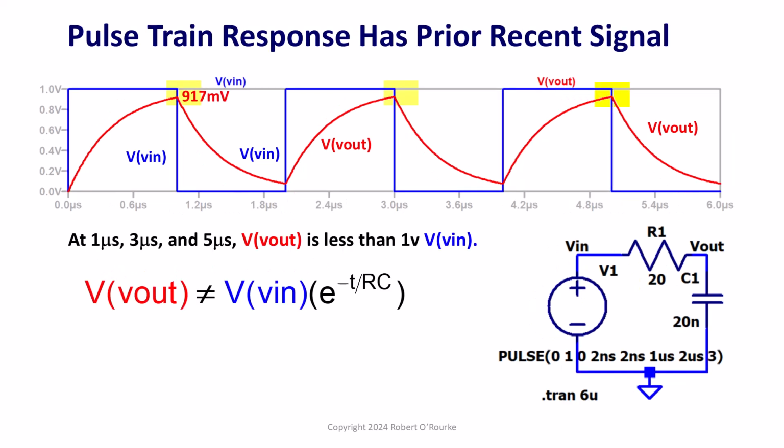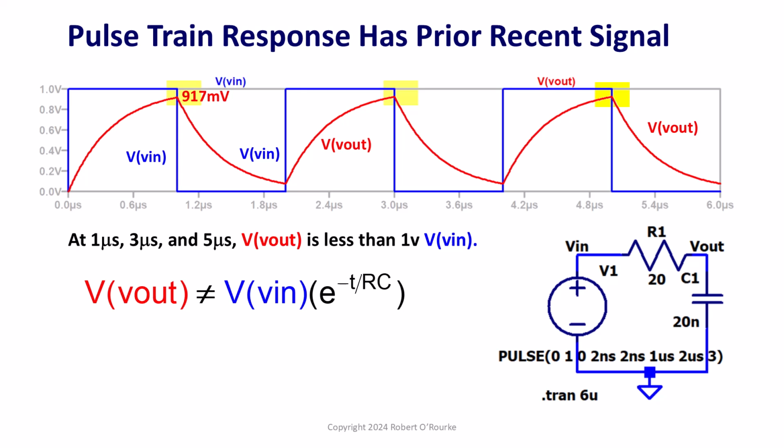With 20 nanofarads in this pulse train response example, the red output signal vout at 1, 3, and 5 microseconds is smaller than the input voltage VN. This means that the decreasing exponential decay of vout starts below the 1 volt value of VN.